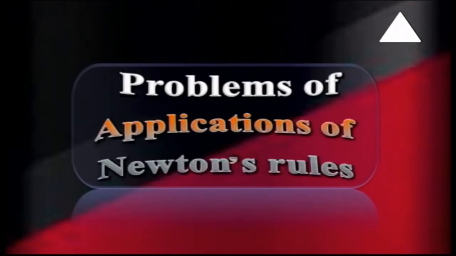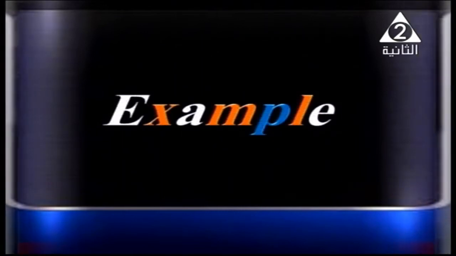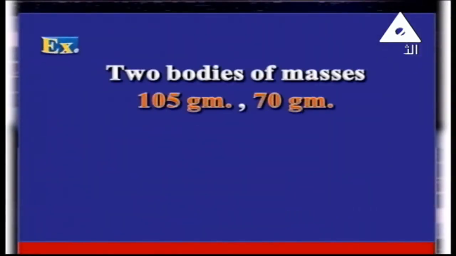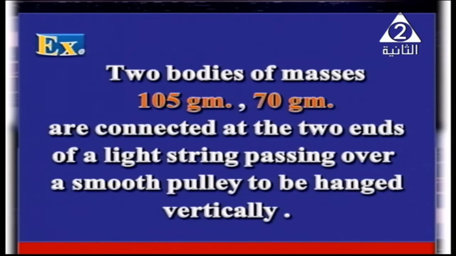My dear student, look at the first example. Two bodies of mass 105 gram and 70 gram are connected at the two ends of a light string passing over a smooth pulley to be hanged vertically.